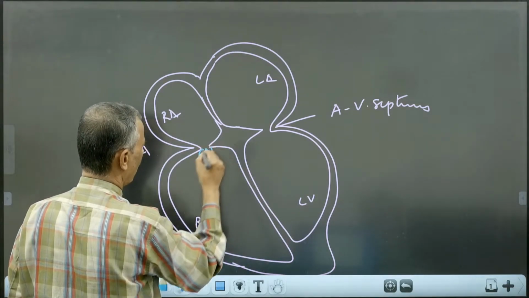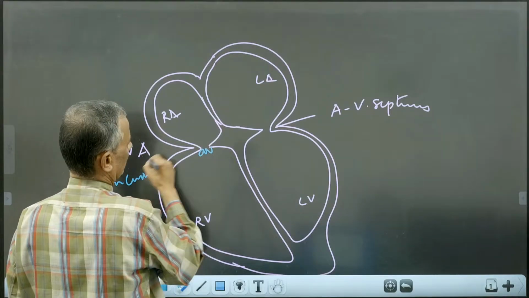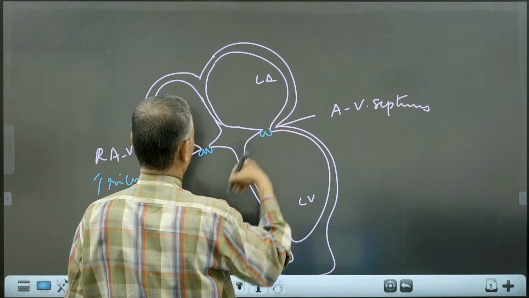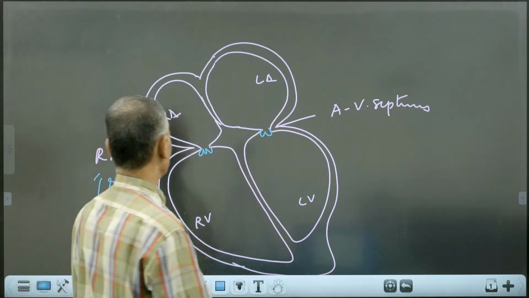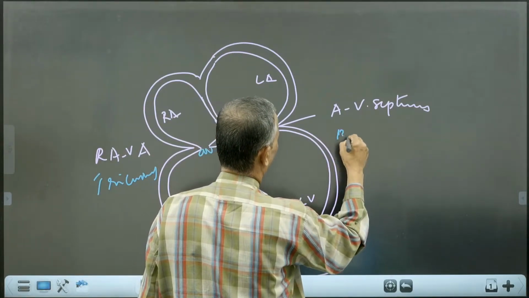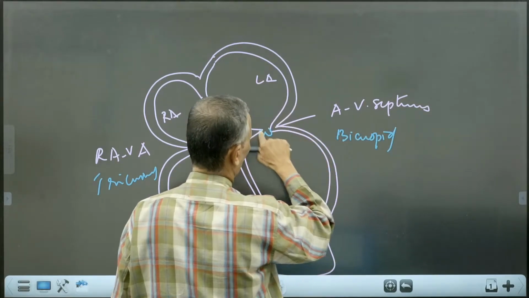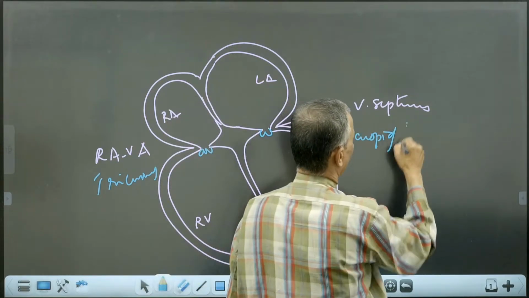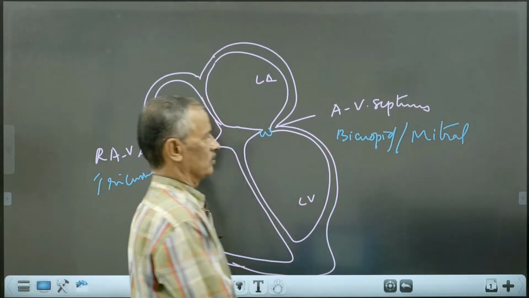So it's called tricuspid. Similarly, the left atrioventricular aperture is protected by a bicuspid valve, meaning having two cusps, also called mitral valve.